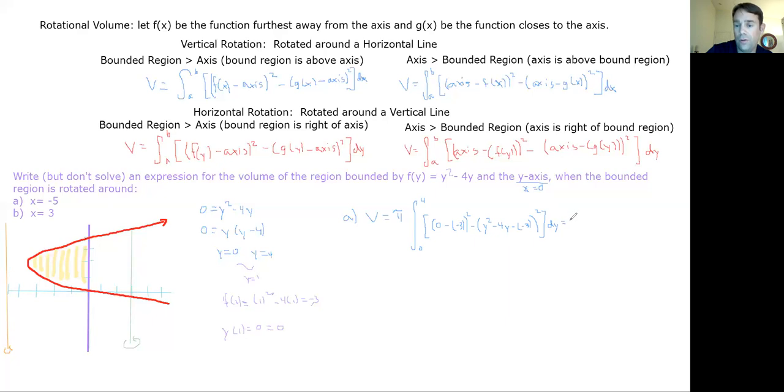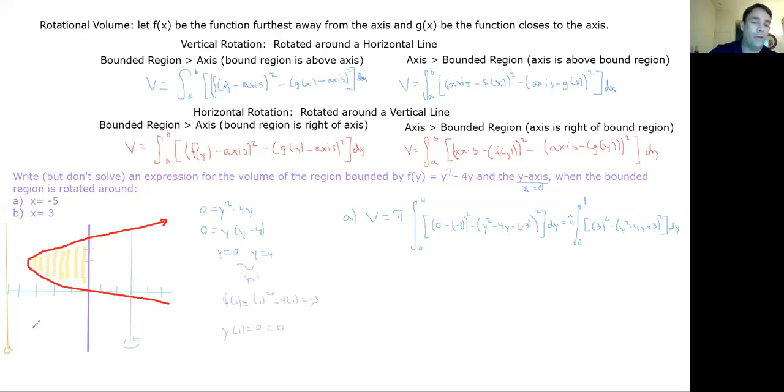So if I wanted to clean this up a little bit, I don't have to, but if I wanted to, I could. So 0 to 4. So I'm going to be squaring 3. That's my larger one. And then I'm also going to be squaring y squared minus 4y plus 3. There we go.